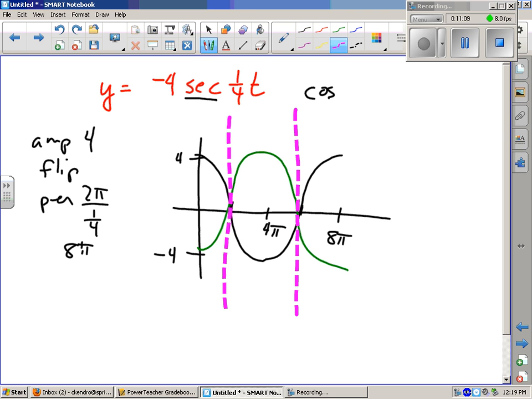And then I flip the green over. So it becomes this, this, and this. Okay, asymptotes need to be labeled. This is 2 pi because it's half of 4 pi, and this would be 6 pi because it's halfway between 4 pi and 8 pi. Make sure you're labeling everything.